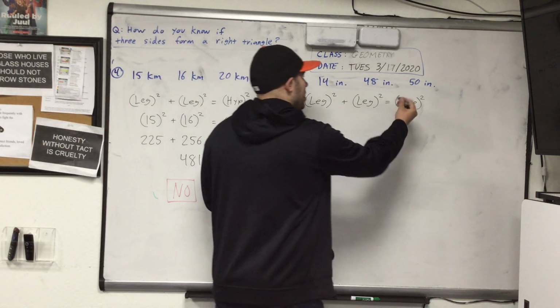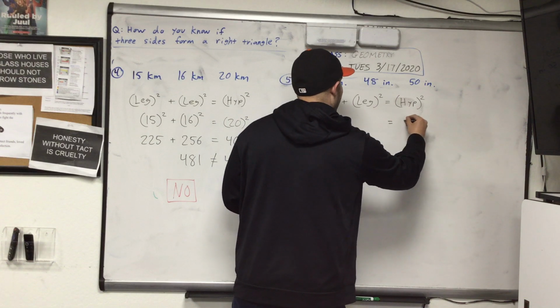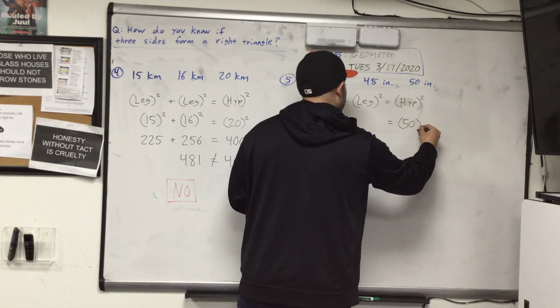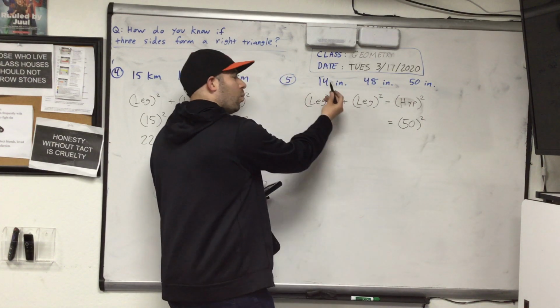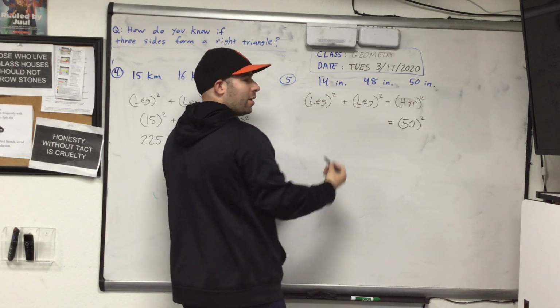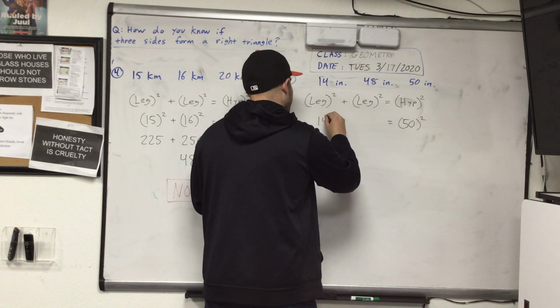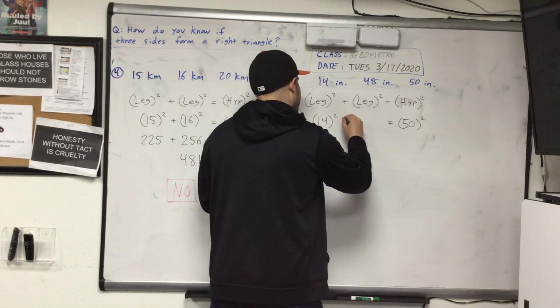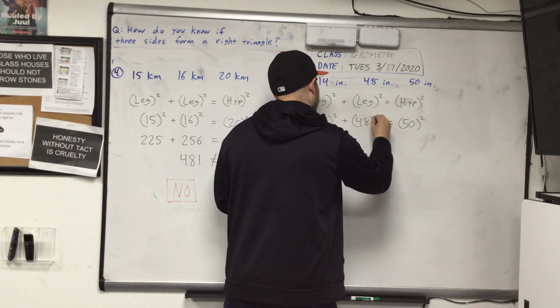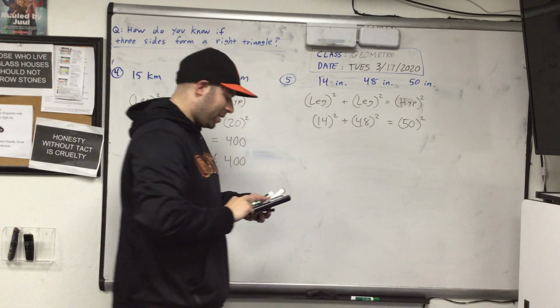So the hypotenuse is 50, so I'm going to put that as the longest side. Once again, the legs are 14 and 48, so I'm going to make this 14 squared plus 48 squared, and that should be equal to 50 squared.